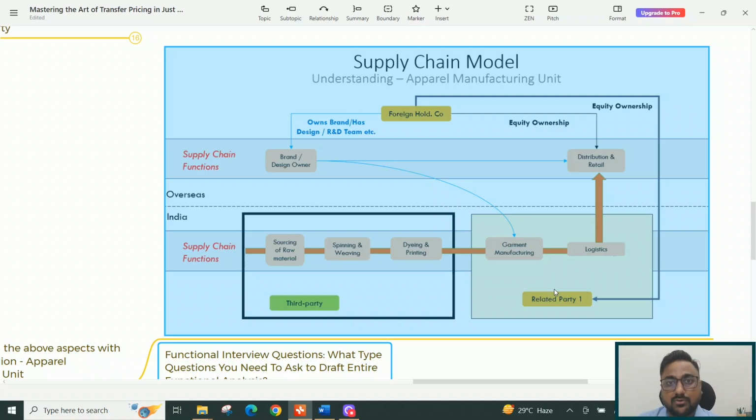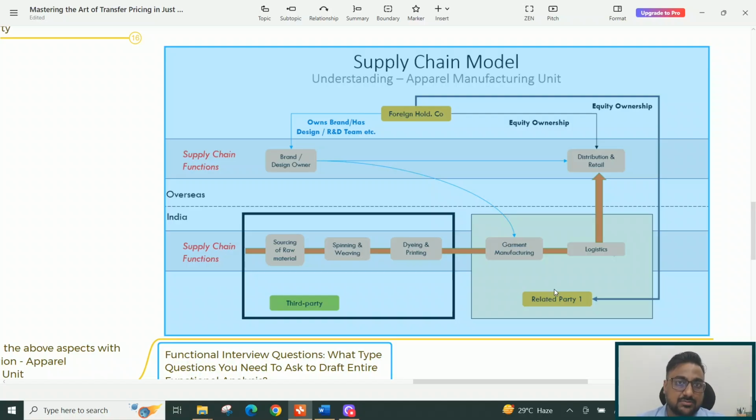Now the question could arise: if there is a relationship between the foreign company and its subsidiary, practically they will provide instructions at each and every phase, right? They can provide SOPs, they can provide instructions at each and every phase. But you need to understand one thing: what is the level of that particular function they are performing vis-a-vis the entire roles being performed under the function by both the parties.